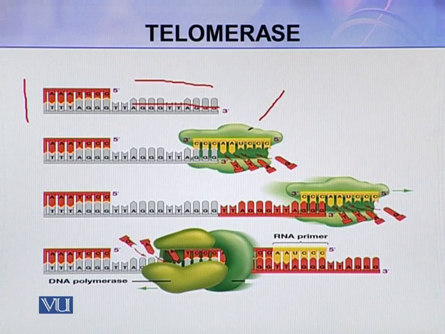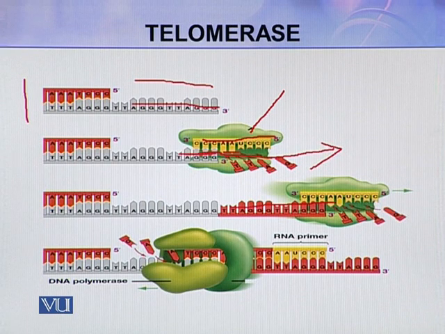This green one is telomerase. It has its own RNA component, which you can see as this yellow sequence. By attaching to this extreme end, it starts extension of this end. This orange strand is the newly extended strand.